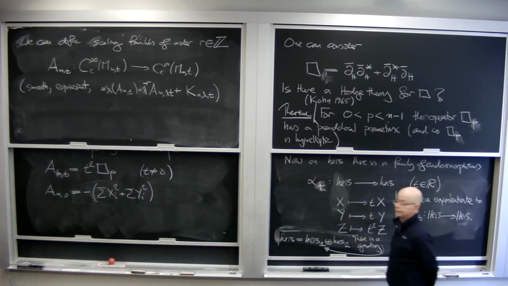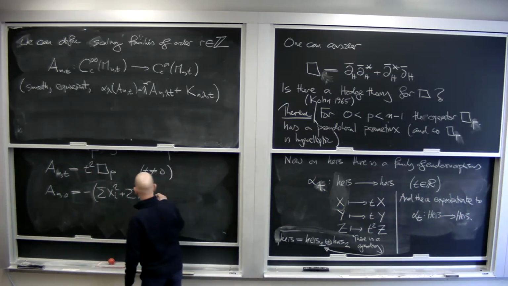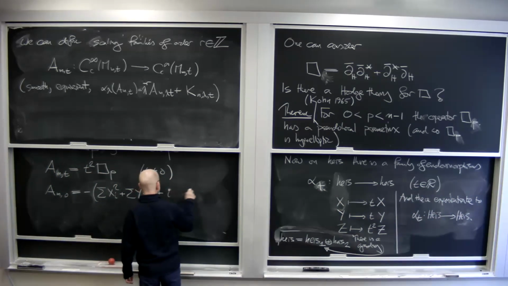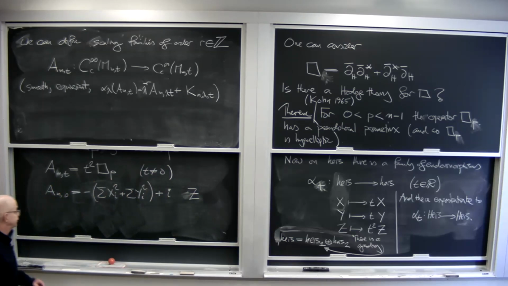I'll try and explain what these things are in just a moment. And then there's a term which is lower order. The I here, and the Z here. Z is the bracket of the x's and the y's.